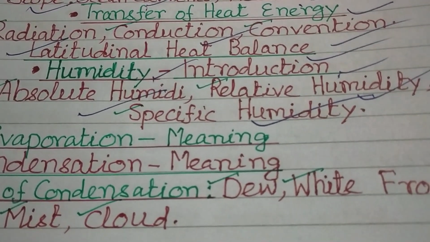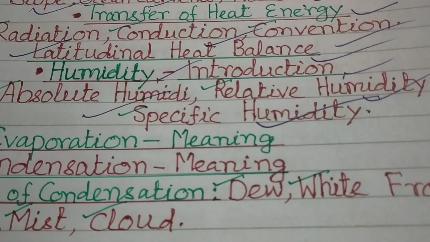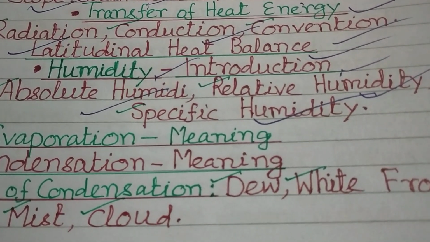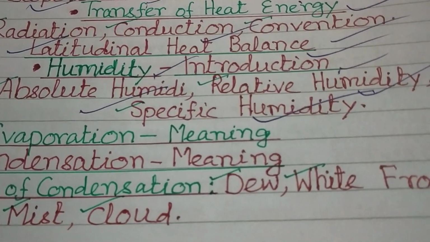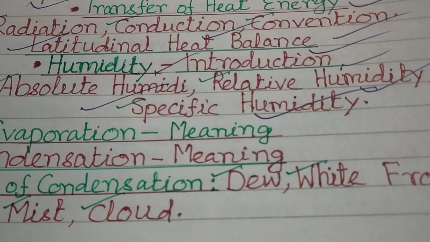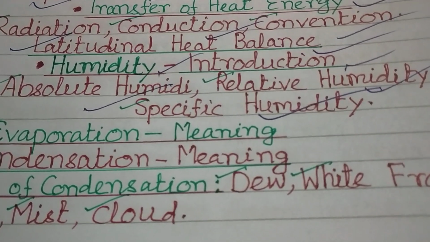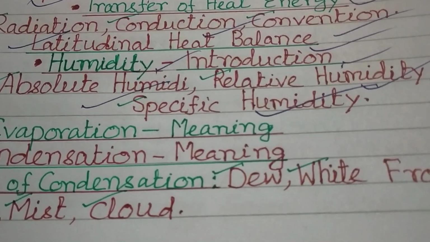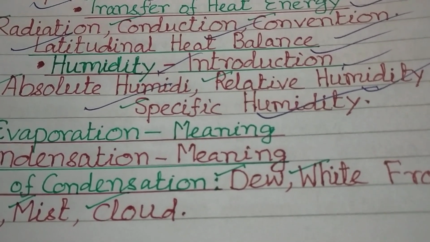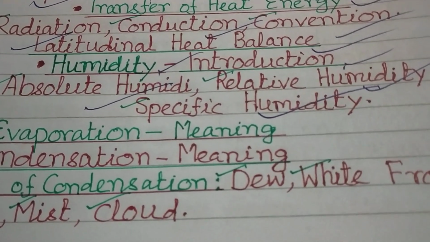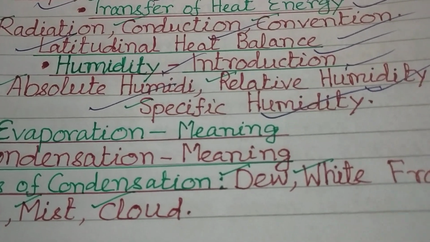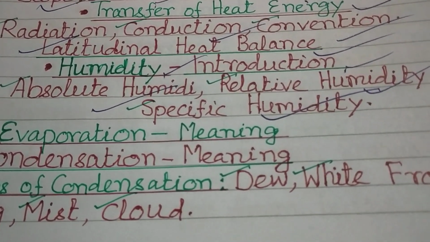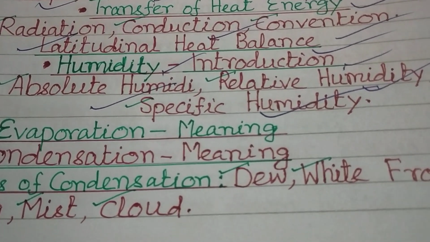The relative humidity determines the amount and rate of evaporation, hence it is an important climatic factor. Air containing moisture to its full capacity at a given temperature is said to be saturated. At this temperature, the air cannot hold any additional amount of moisture.